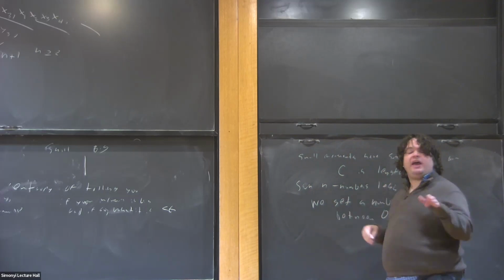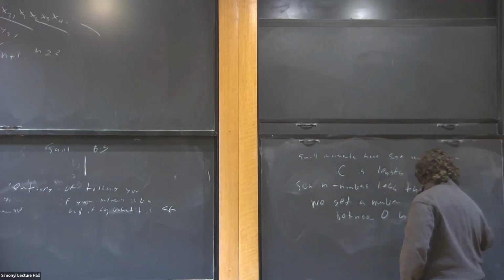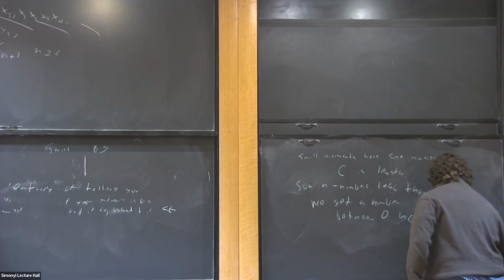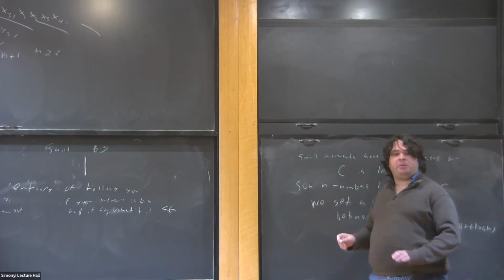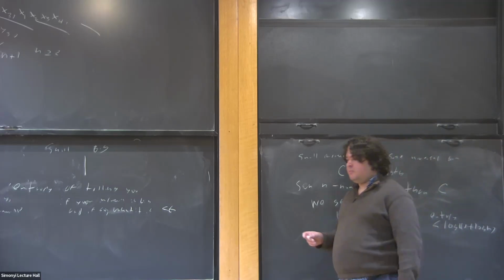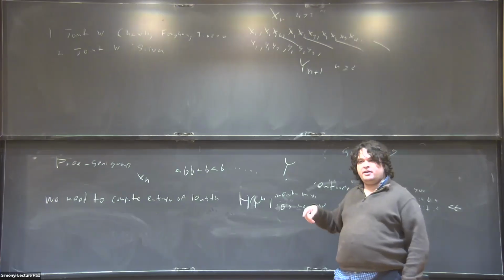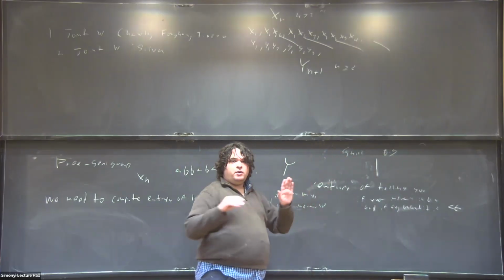You see? And of course, for any distribution between 0 and nc, the entropy is less than log of c plus log of n, which grows sublinearly. So we have something sublinear. We have something at most epsilon n. We're less than epsilon n for every epsilon. We win.